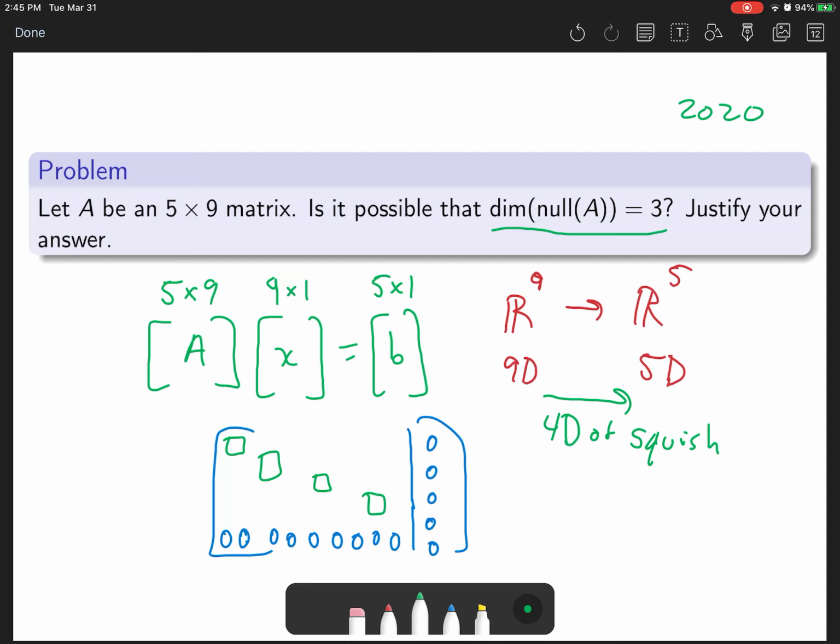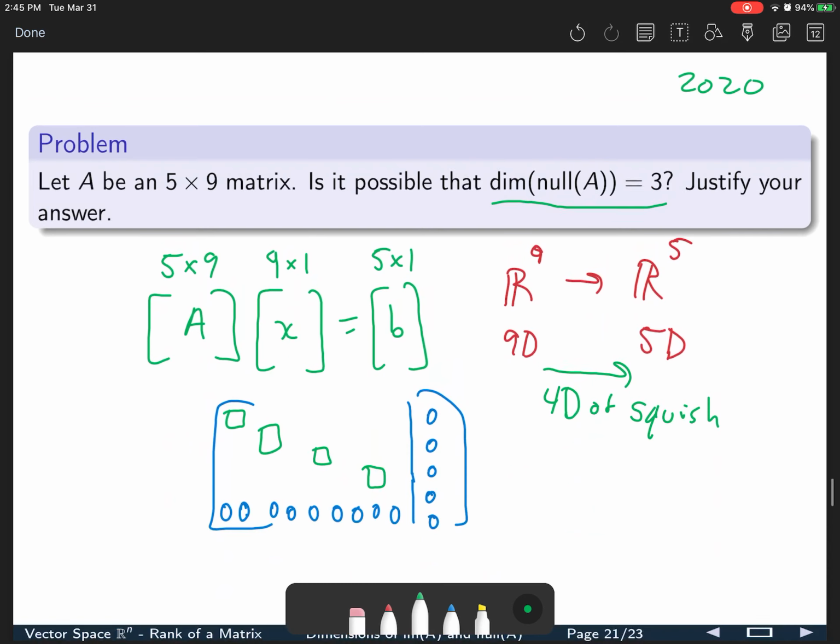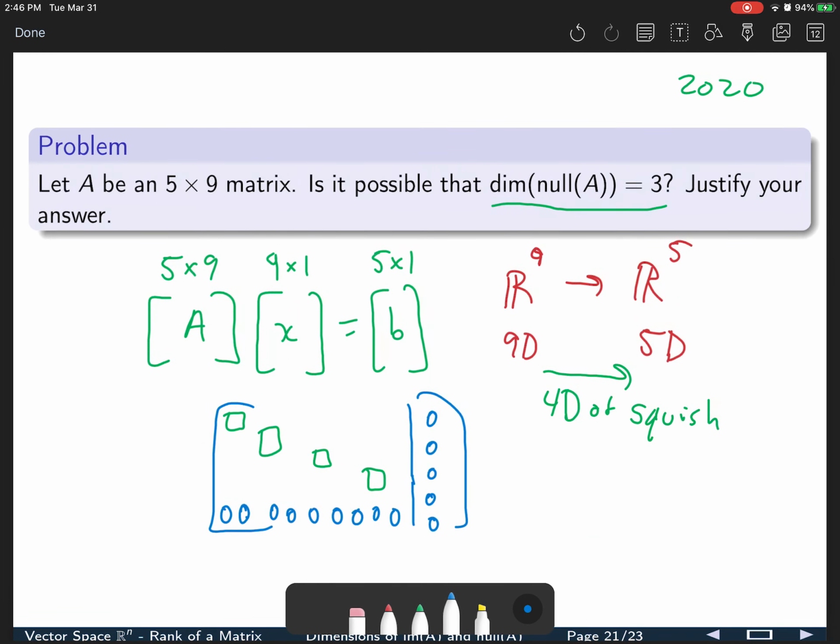And if that happened, we would be transforming all of 9-dimensional space onto a 4-dimensional subset of 5-dimensional space. So here we'd be taking R9 and transforming it onto a 4D subspace of R5.